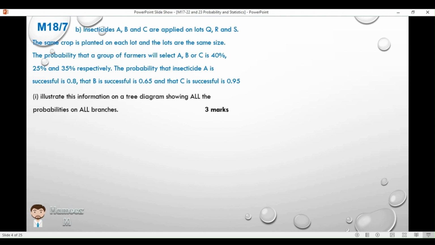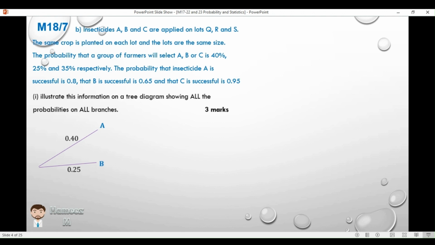So, if we consider that we have 3 choices at the beginning, the first choice being A, at that lot we're going to put in a probability of 40% or 0.40. And the next choice we have is B, and B has a probability of 25% being selected, 0.25.